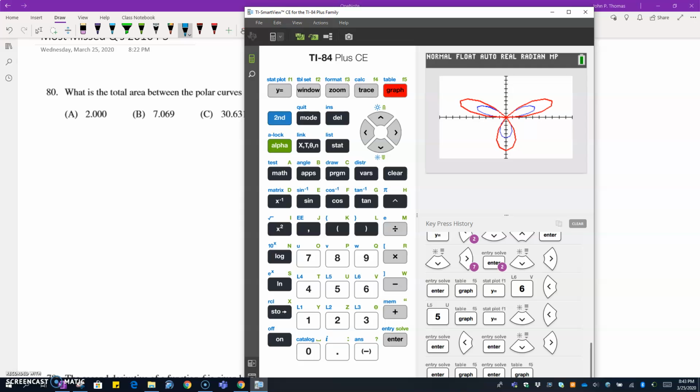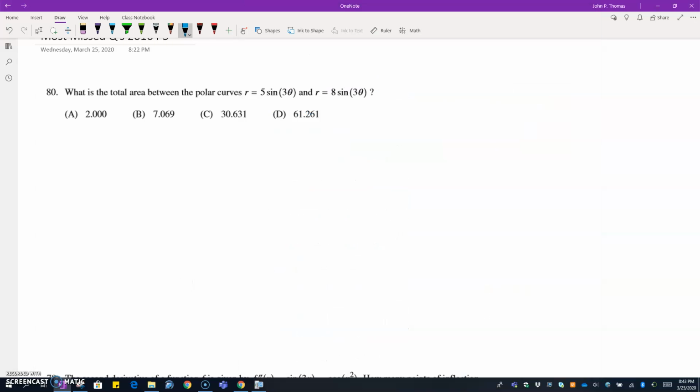So the way that I'm going to look at that is I'm going to take these and ask, when does it hit the pole of the graph? So 0 equals 5 sine 3 theta. That means sine of 3 theta equals 0, which means that 3 theta would equal, since sine is 0 at 0, it's 0 at pi, 2 pi, 3 pi, 4 pi, and we could keep going.